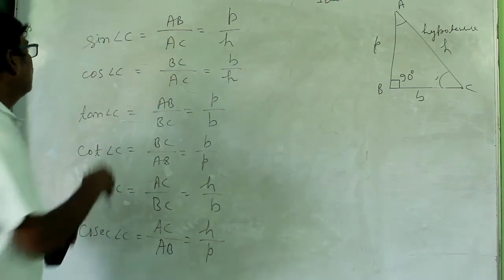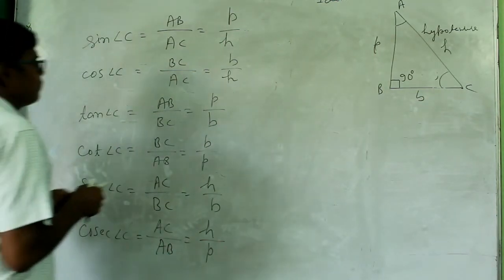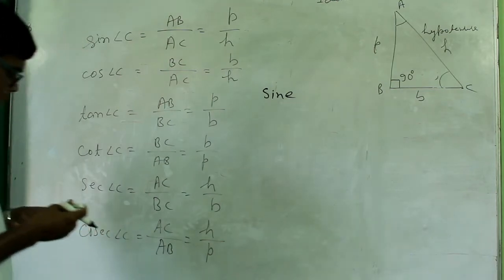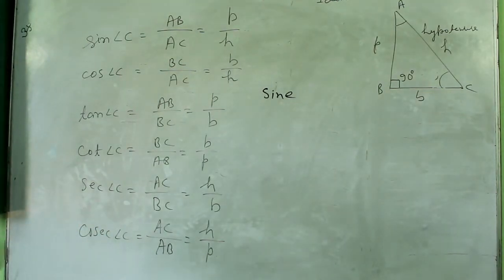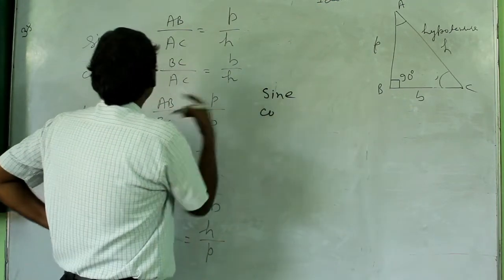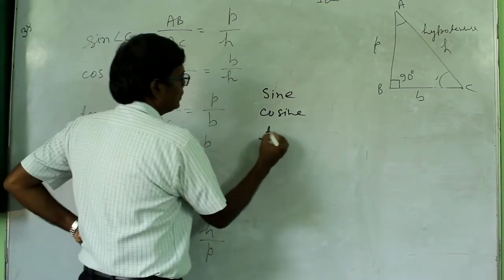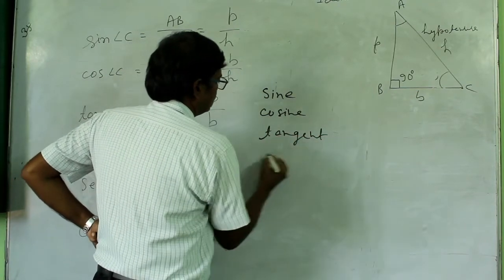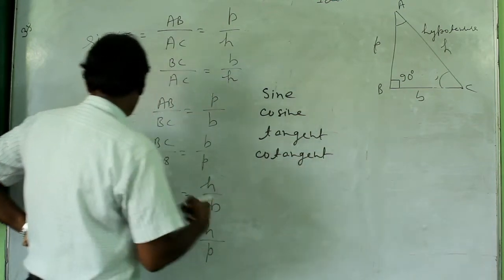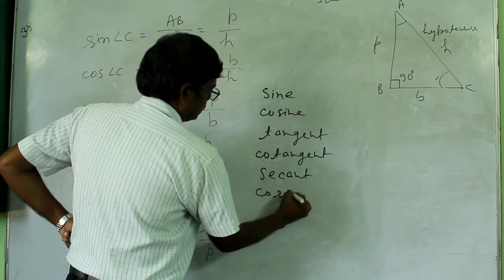Actually, the full name of sin is sine, but it is written in short as sin. And cos means cosine, tan is actually called tangent, cot is called cotangent, then you have secant, and cosecant.